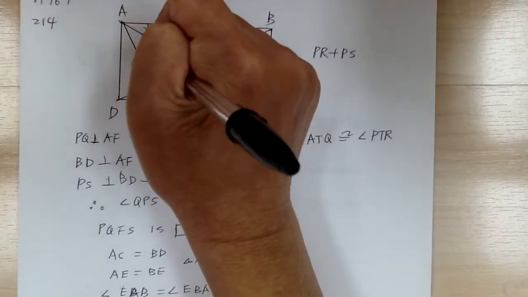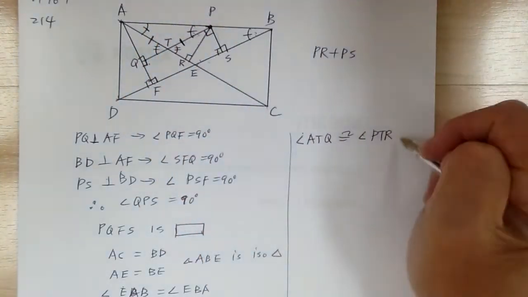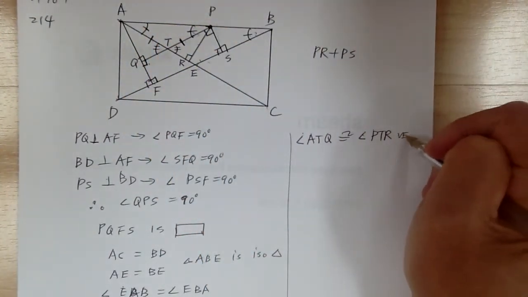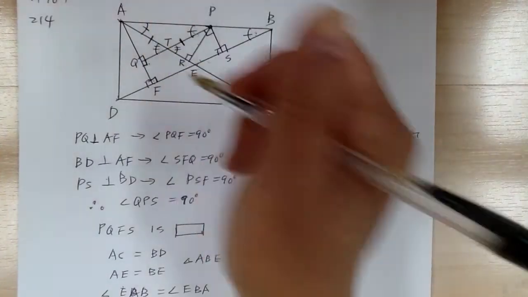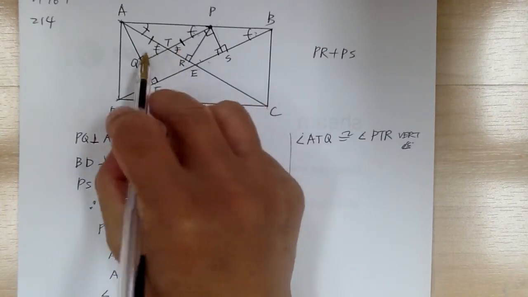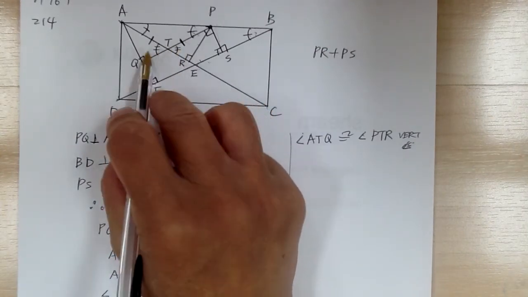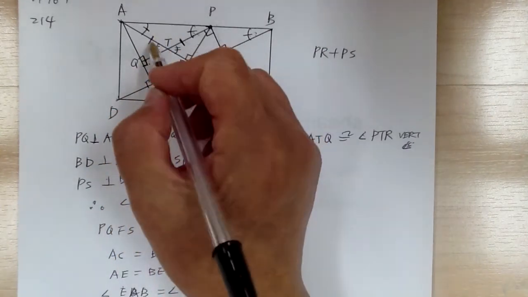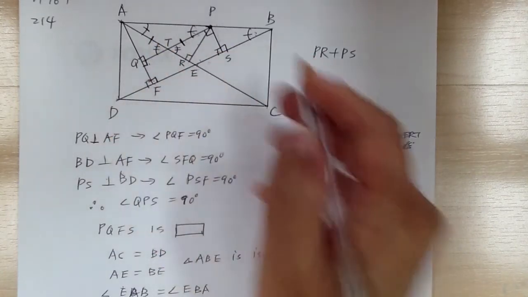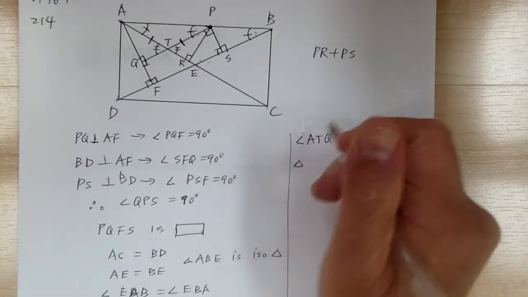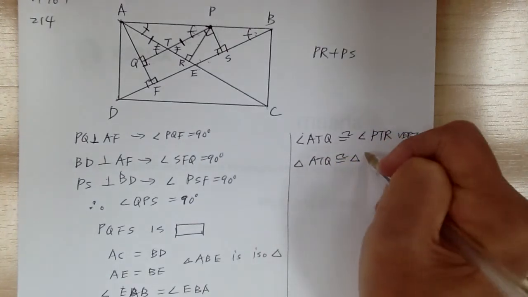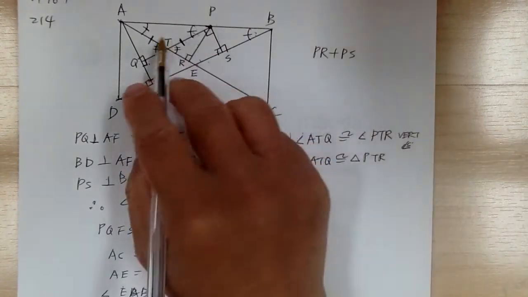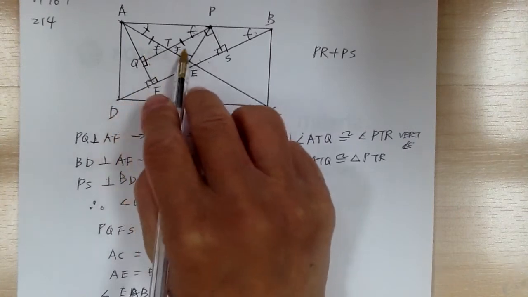Okay, so this angle would be congruent because they are vertical angles, and vertical angles are congruent. So now you can see the two triangles are congruent. For the right triangle, this would be the HA. So triangle ATQ is congruent to triangle PTR. So now these two triangles are congruent.